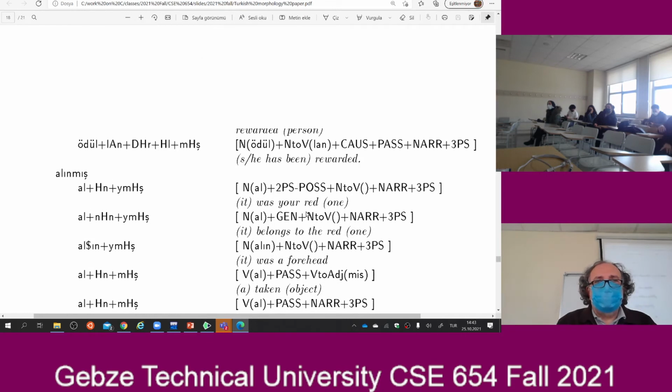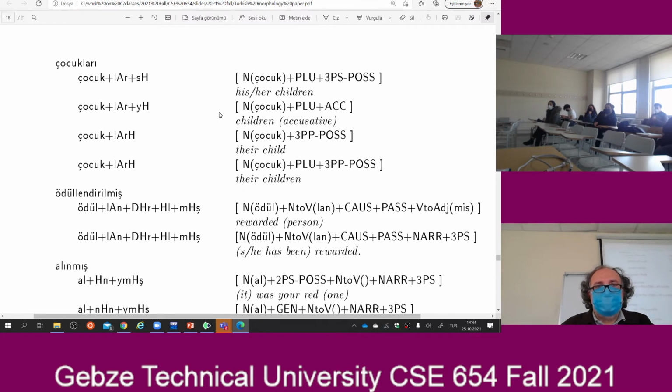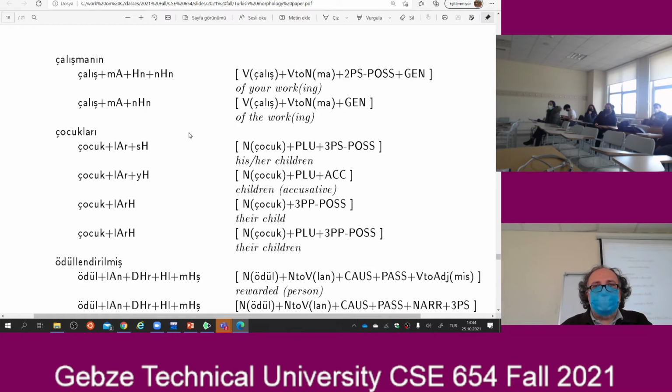Okay, so let's go back, and as you see, this is much more complicated than English, because in English you have neck and you have necks. That's it. In Turkish we have all kinds of forms.